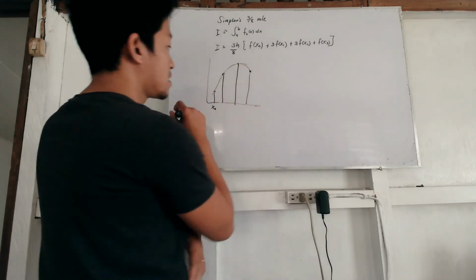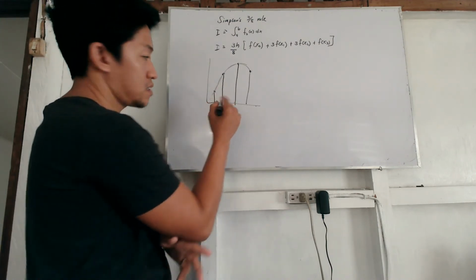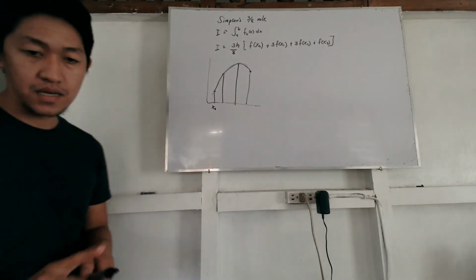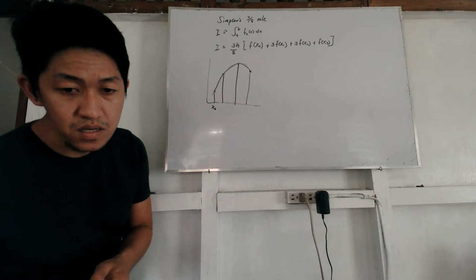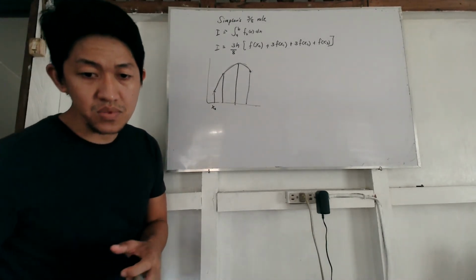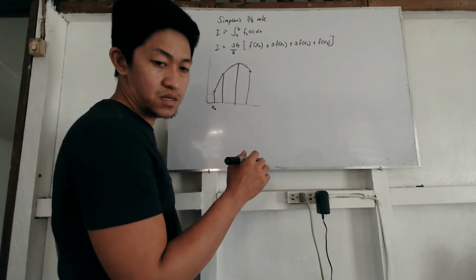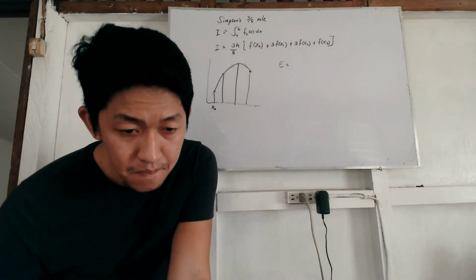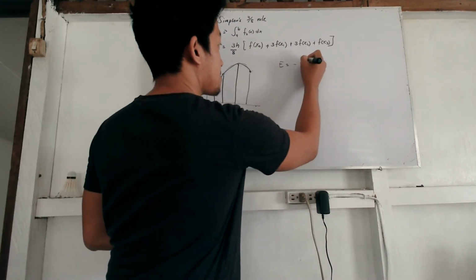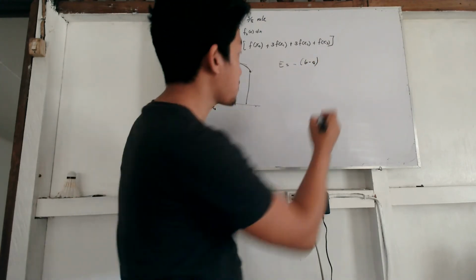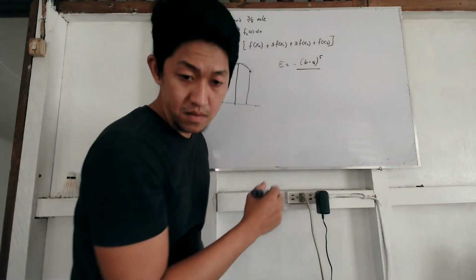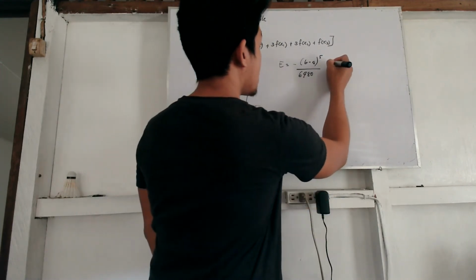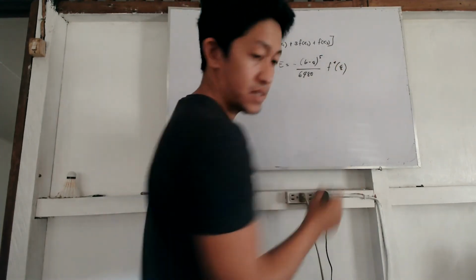You need 4 points. And the error for Simpson's 3/8 rule is equal to negative (b minus a) raised to 5, over 6480, times f to the fourth of this one.